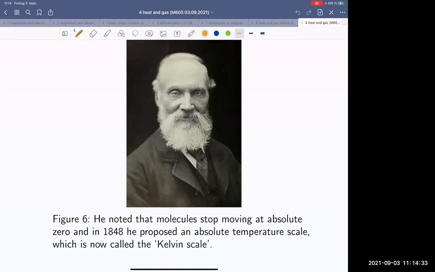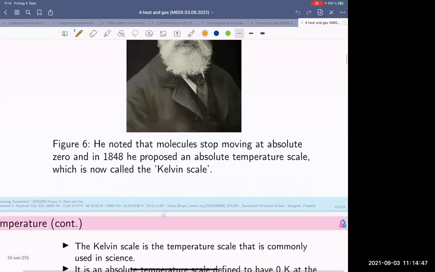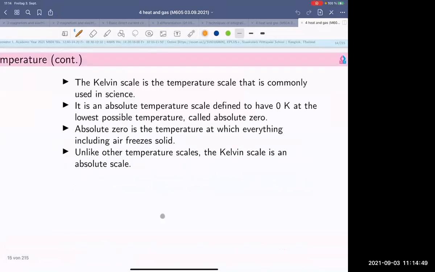At that temperature you would get 0 motion for anything, so there will be no kinetic energy at all. That's why they say it's absolute 0 and an absolute temperature scale.